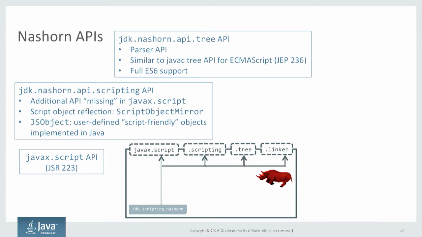The tree API allows you to reason about JavaScript sources in Java or JavaScript, thanks to the Java interoperability. It fully supports ECMAScript 6, but recall this is parsing only. This is not the ECMAScript 6 implementation. This is really just parsing and AST access.